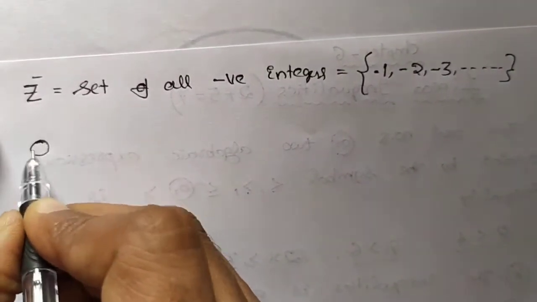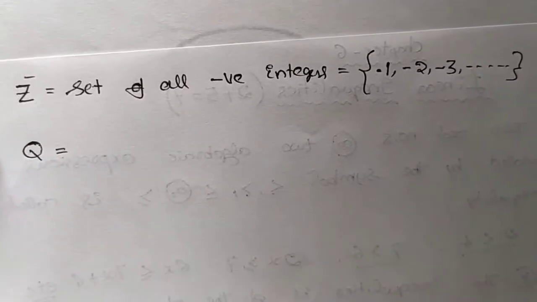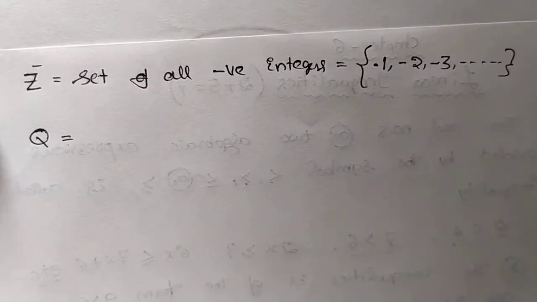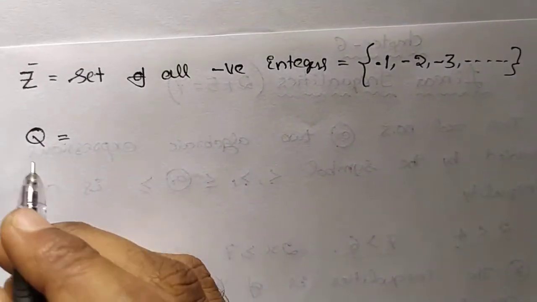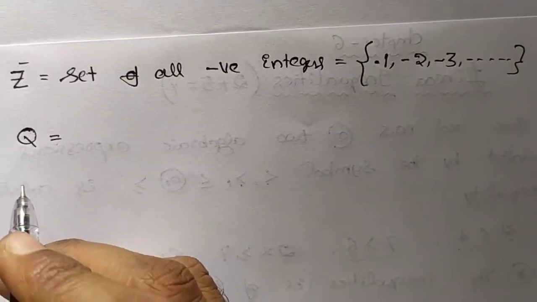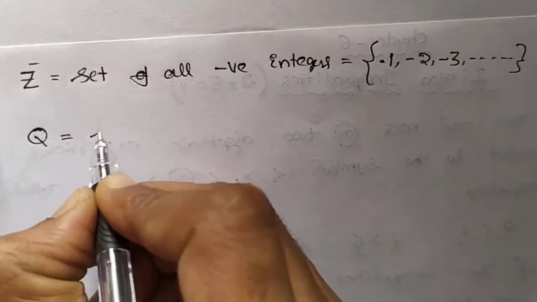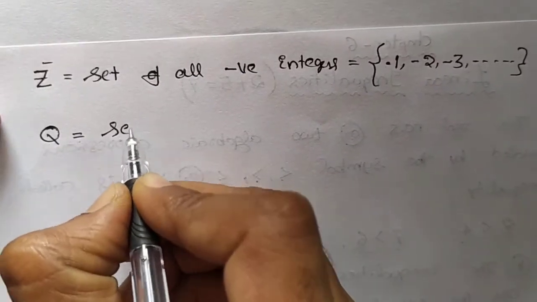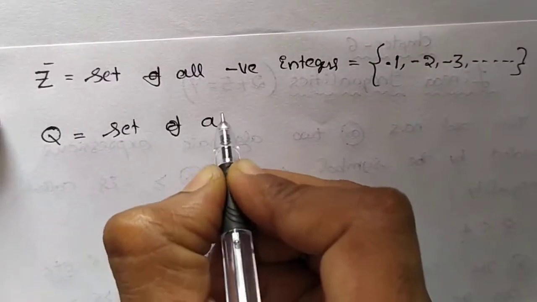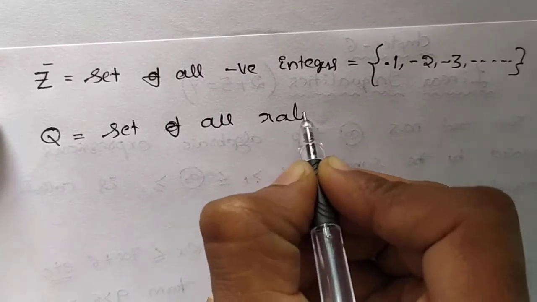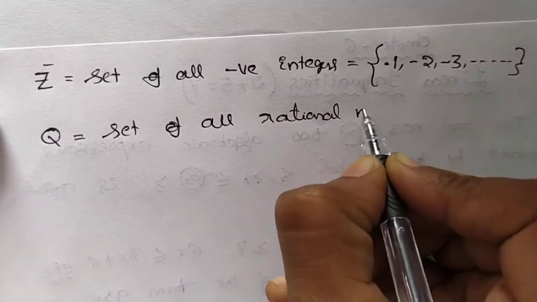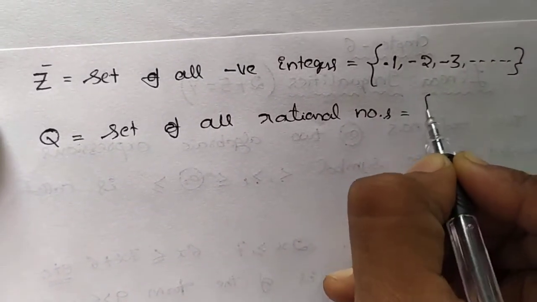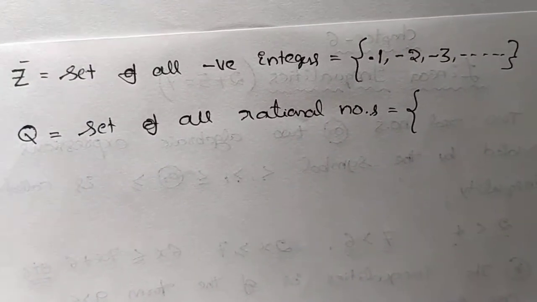What about rational numbers? Rational numbers is nothing but what? A number which is in the form of p by q is called a rational number, which is denoted by the capital letter Q. Set of all rational numbers. How are we going to define a rational number?